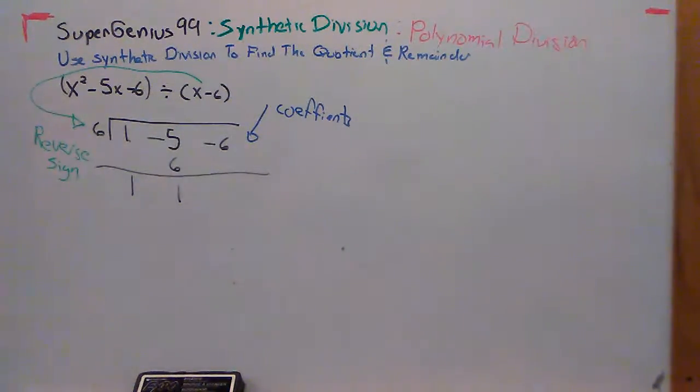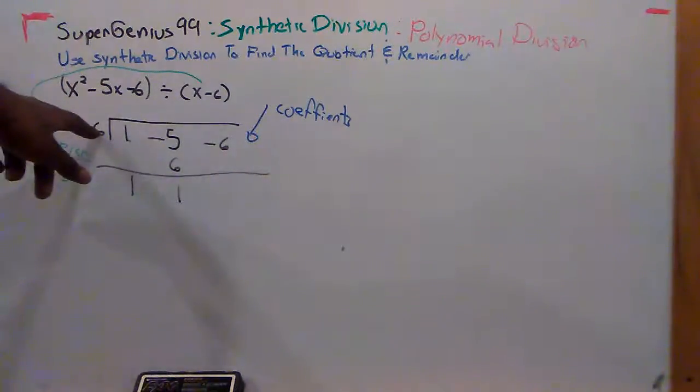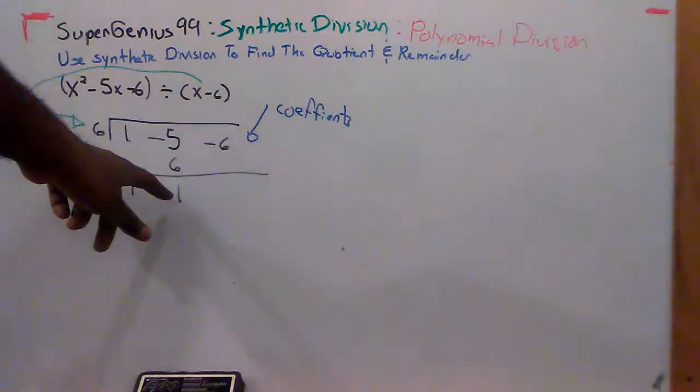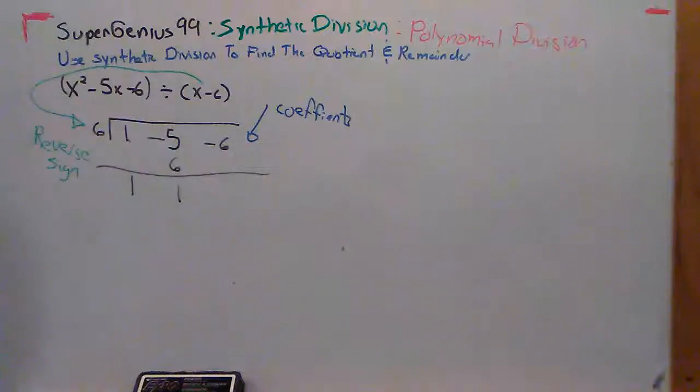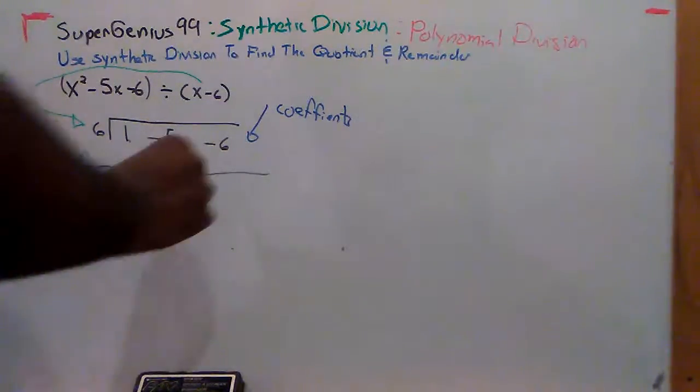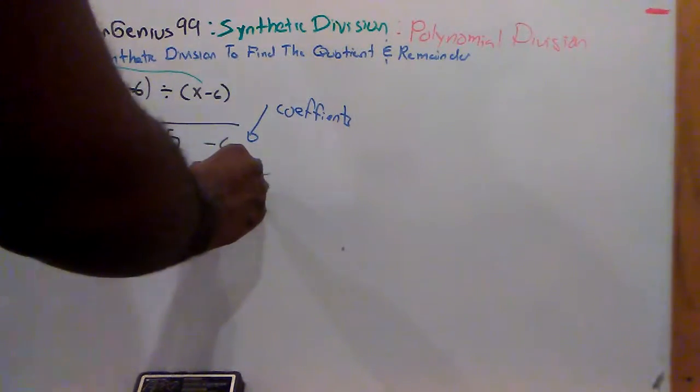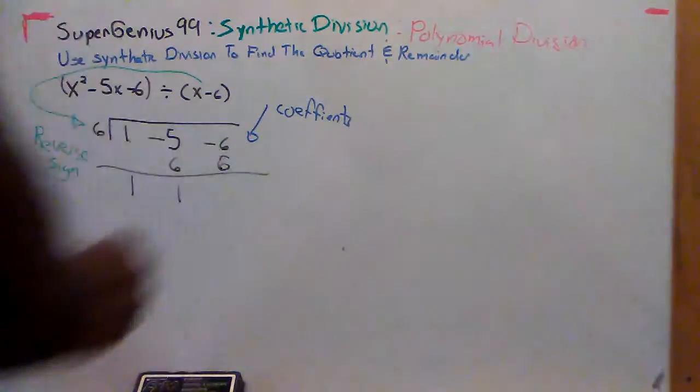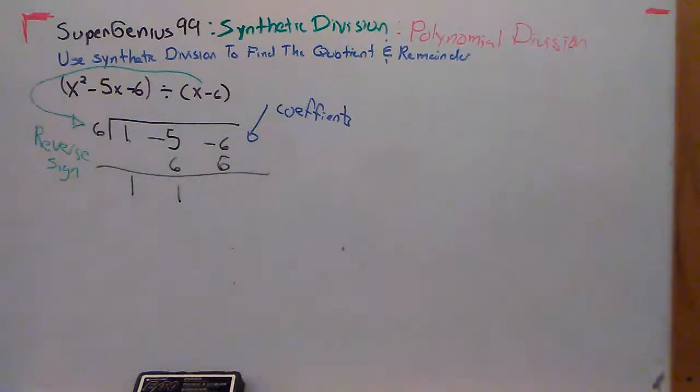Okay, multiply this times this number, and what do you get? 6. Put it up here. Okay, just add those two, and what do you get?